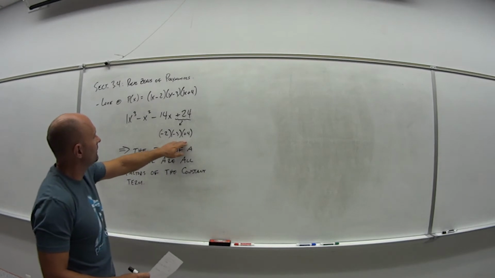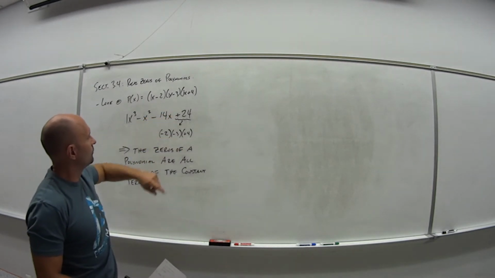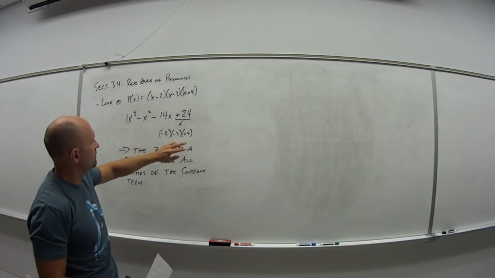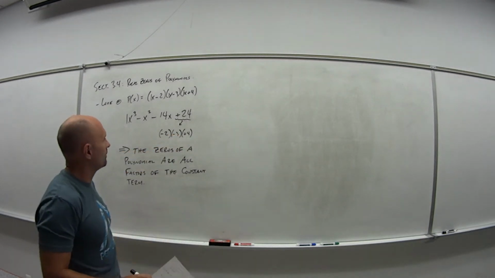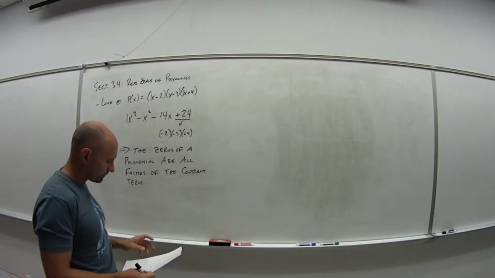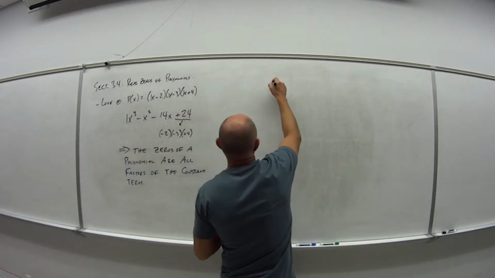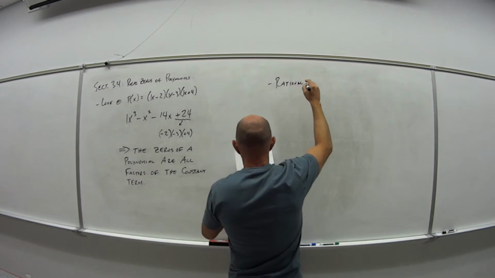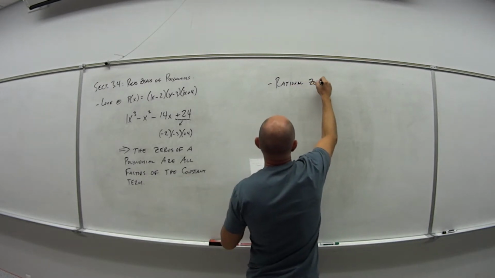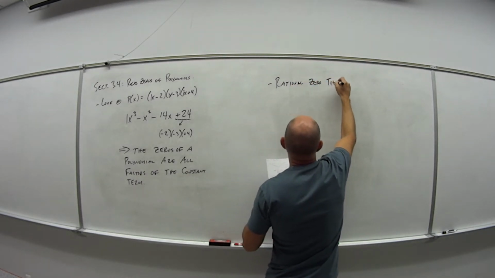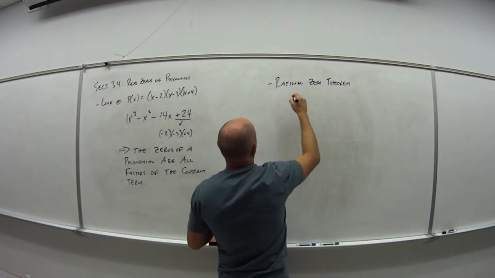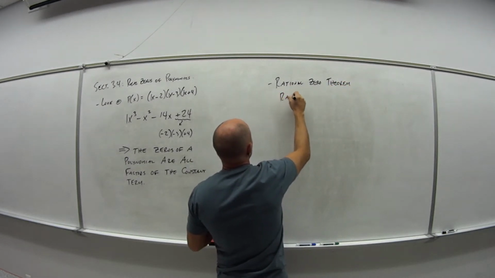So all of these zeros were factors of the 24, plus or minus 2, plus or minus 3, plus or minus 4, a combination of those. This gives us what's known as the rational zero theorem, or you might also hear it sometimes called the rational root theorem.